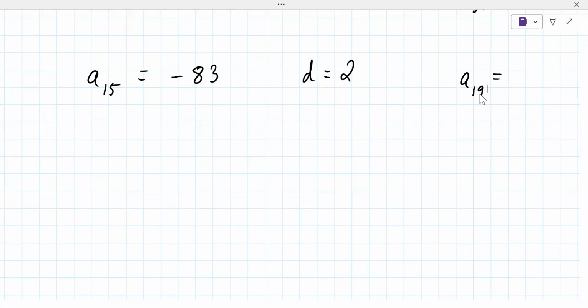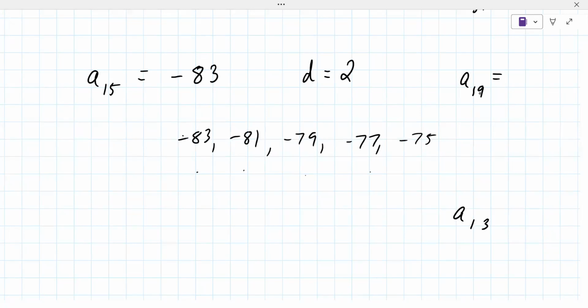Would it be negative 75? So negative 83, negative 81, negative 79, negative 77. So that's 15, 16, 17, 18, negative 75 is 19. Good. So now how about a sub 13? What would that be? A sub 13, the 13th term.